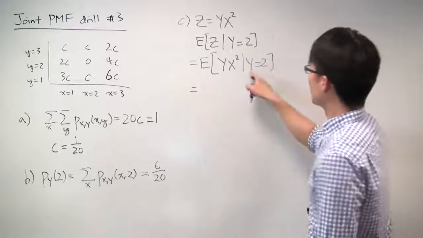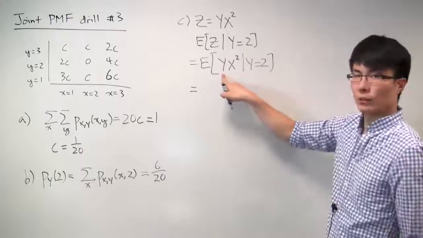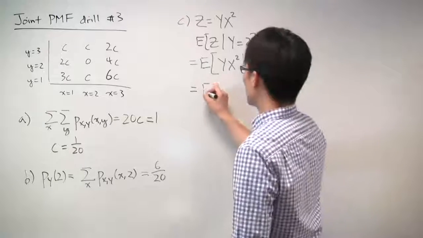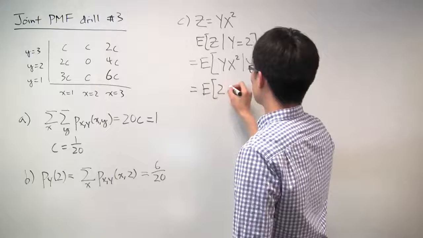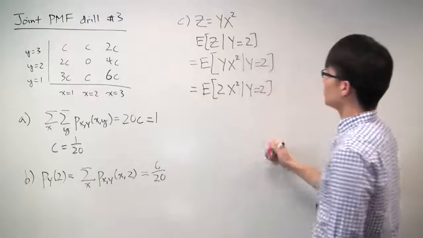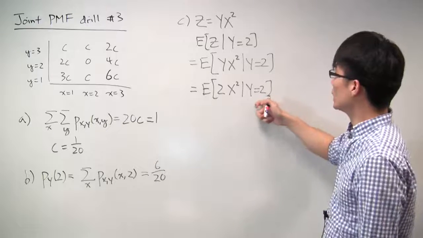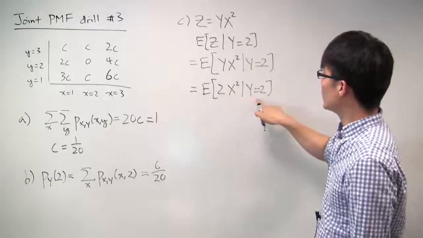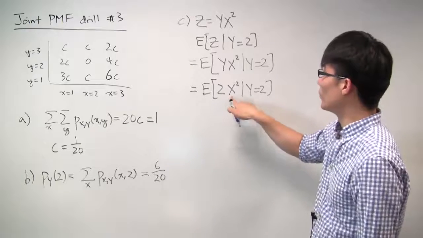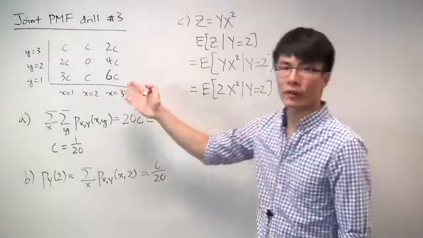And now the next step is, well, we're given that y equals 2. So this y is no longer really random. We know that it's equal to 2. So we can substitute that in. But notice that we still keep this conditioning on y equals 2. And the reason is that this conditioning still affects x because y and x are not independent, or at least we haven't verified that yet.